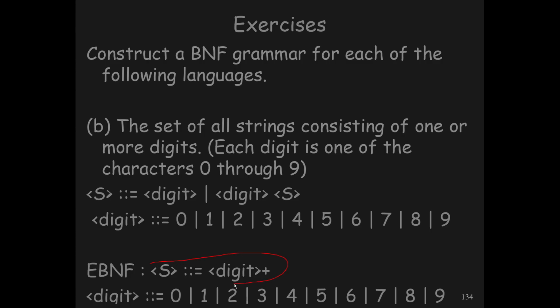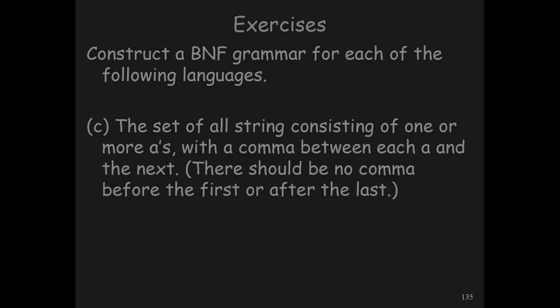Similarly, this is just a plus and you don't need to do the recursion anymore. But you do still have to have the 0 and 1 and 2 and 3. Now, if you're being 100% correct, you're going to put quotes around each one. I think in the homework I did that, but you don't need to bother. It doesn't matter too much, okay? Don't worry about it too much for this course.